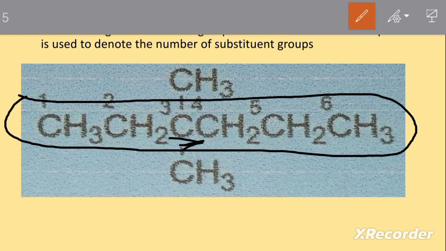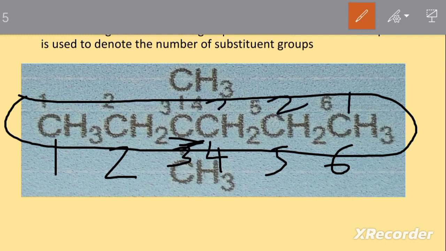So I'm going to number in this way: 1, 2, 3, 4, 5, 6. Or else 1, 2, 3, 4, 5, 6.